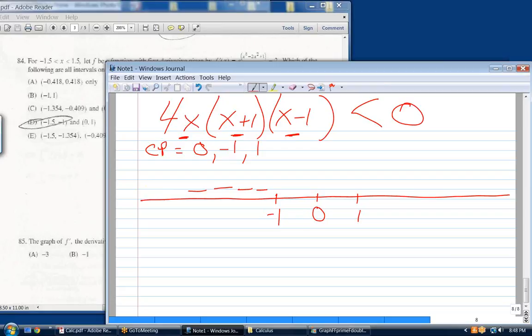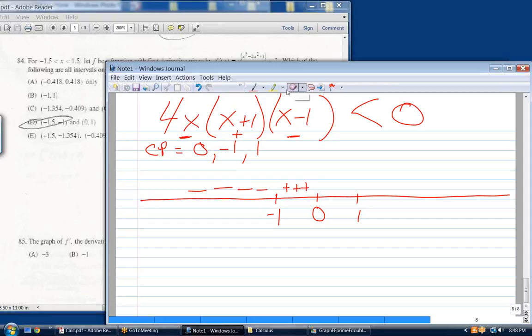Now let's test a point between 0 and -1. So let's try -1/2. -1/2, that's negative. -1/2, that's positive. -1/2, that's negative. The product of negative times negative is positive.